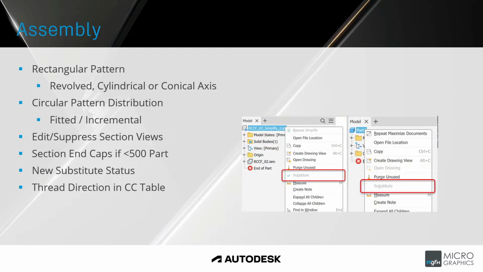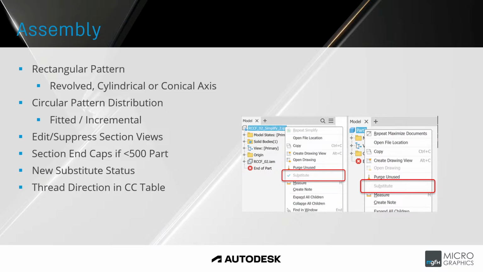Also within assemblies, more tied to substitutes in assemblies and the substitute part that results from it, is a new substitute status. So if you have that substitute part open and you right click on the part node at the top of the model, you will see that there is a read-only substitute entry in that menu.